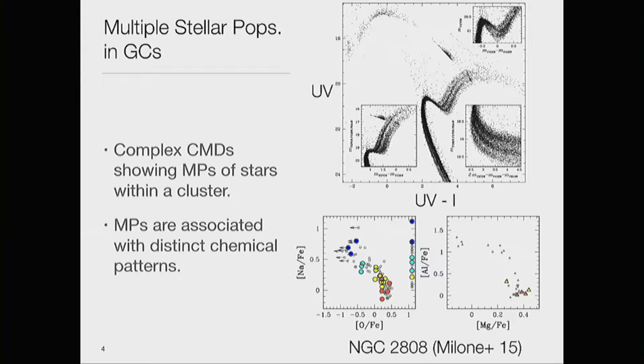So if you see, for example, a UV CMD, you can split this globular cluster into several different sequences, and each of these sequences has a very distinct chemical composition. The thing is that these different abundance patterns that we see here are only found in globular clusters. We don't see them in field stars.